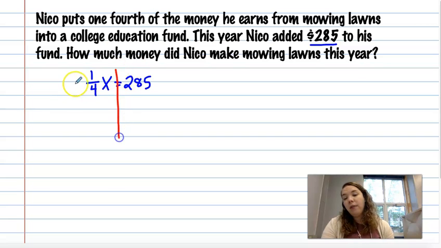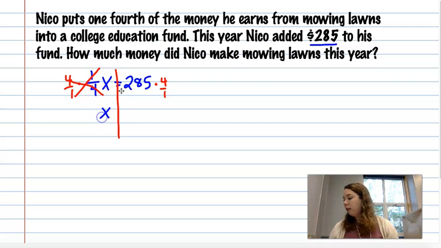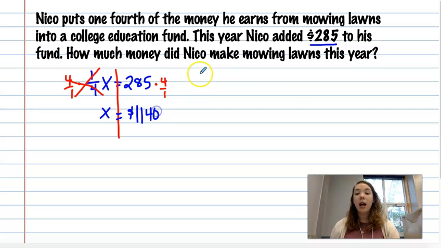So to get rid of that 1/4, I'm going to multiply by the reciprocal, 4 over 1, or just 4, if you want to think of it that way. 285 times 4. I am going to use a calculator for this one. Is 1,140. So over the summer, he made $1,140. And that makes sense because that's 4 times as much as he put in his account.